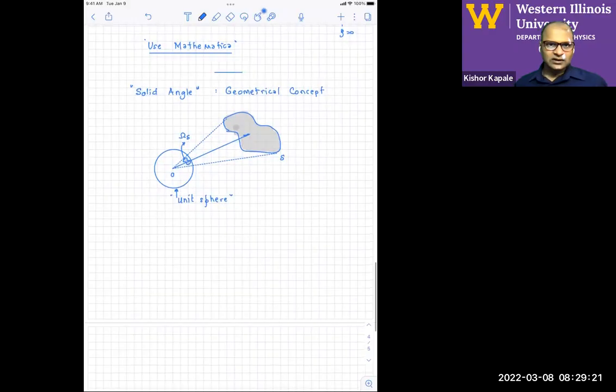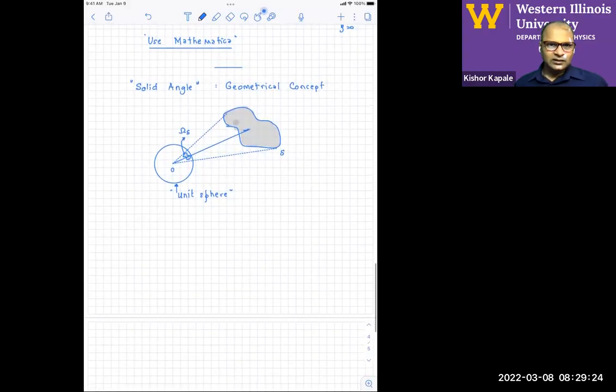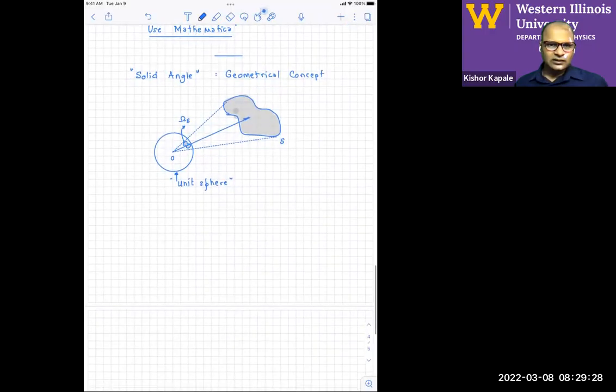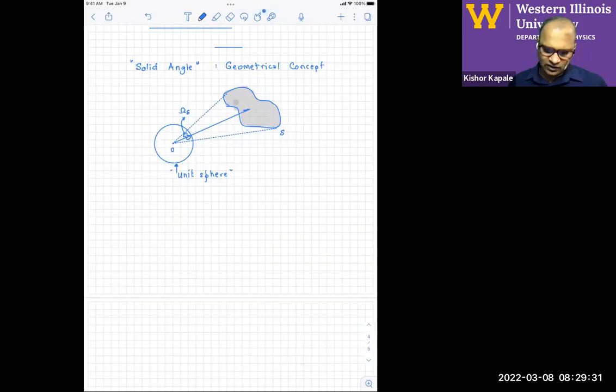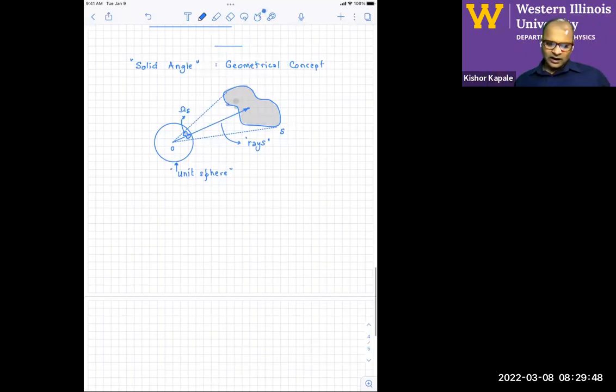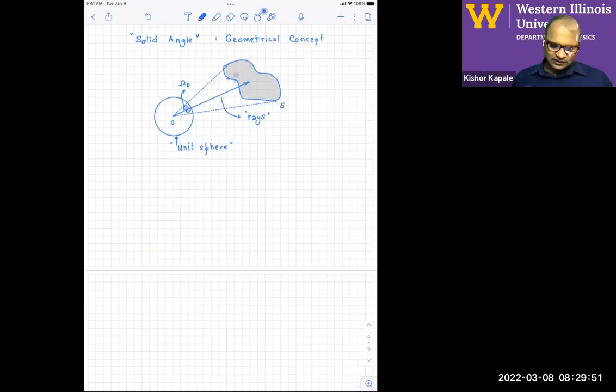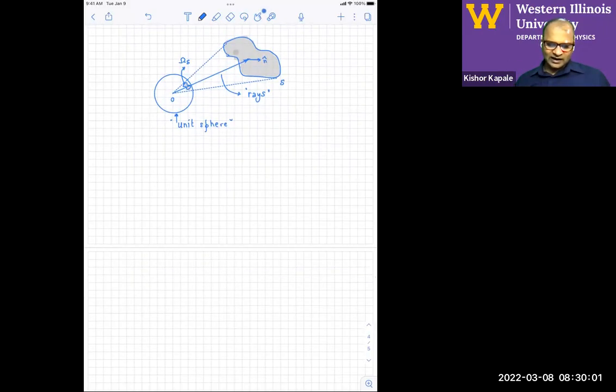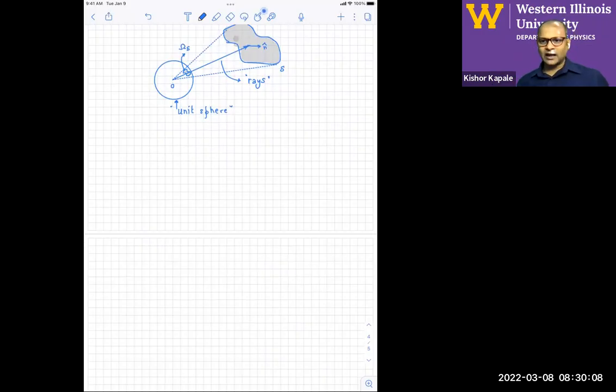Okay, so let's first, these things are called rays, and like I said, you can think of rays emanating from O, so that they basically cover the whole area of this surface S. They're just going around and covering all of that, and that basically creates a shadow, if you will, of this surface on the unit sphere, and we are trying to find the area of that shadow, right?